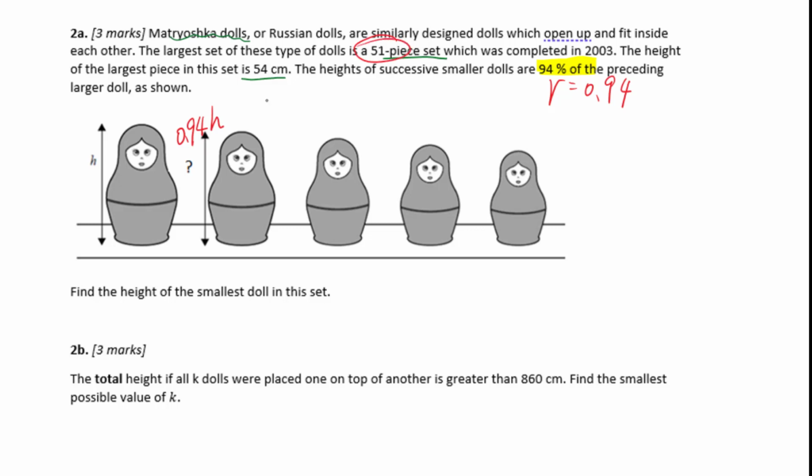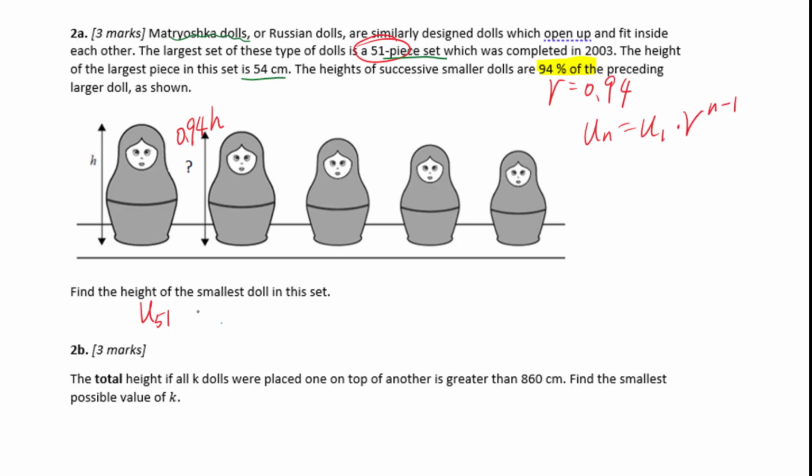Find the height of the smallest doll in this set. Altogether, we have a 51-piece set. We are looking for u sub 51. Since this is a geometric sequence, u sub n equals u sub 1 times r to the n minus 1's power.